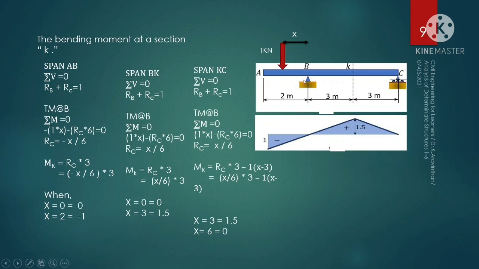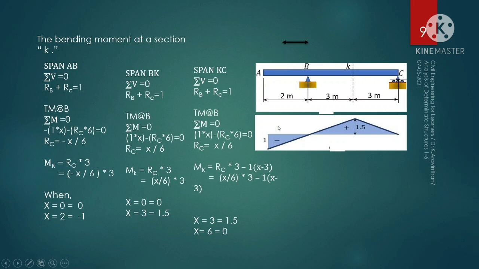And if you need the bending moment, for easiness I can take RC into distance. Now RC will be x by 6, so x by 6 into 3. If I substitute x equal to 0 and 2, I will be getting 0 and minus 1. So 0 and minus 1, I got these 2 values.